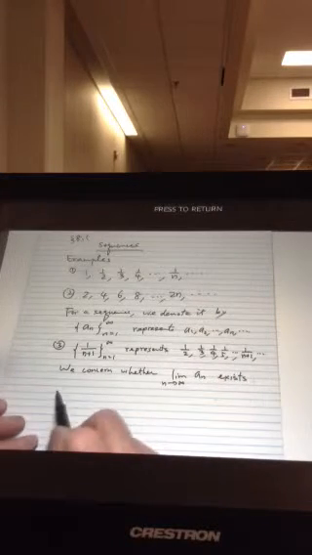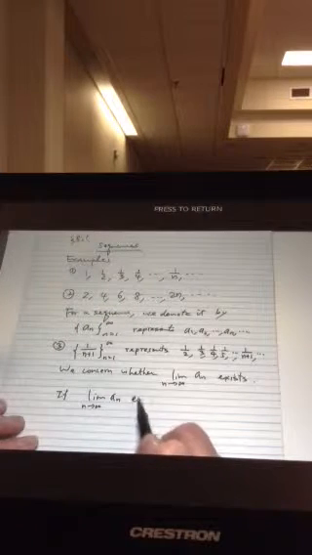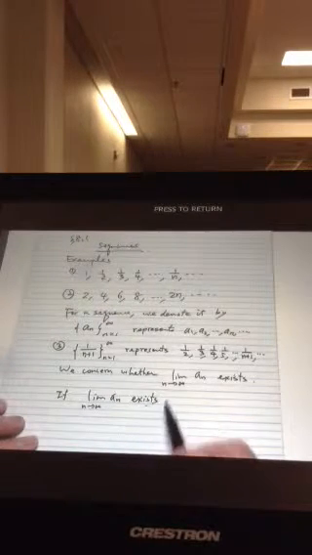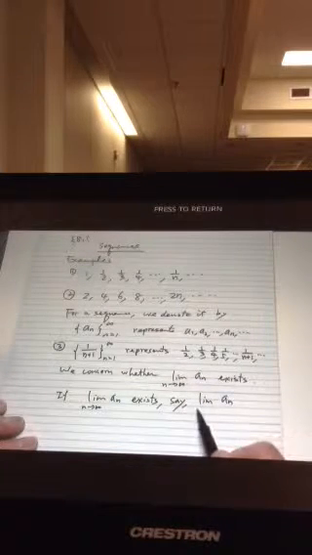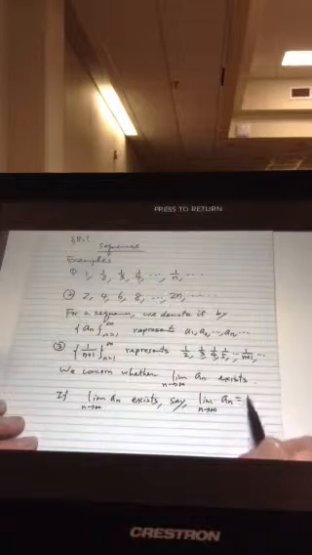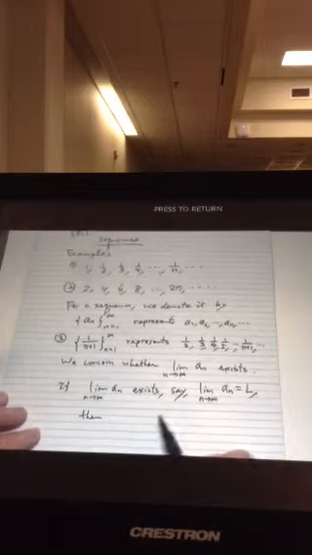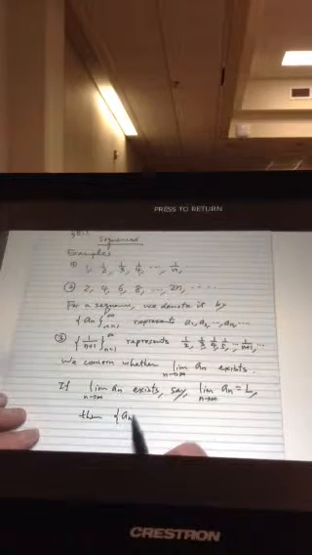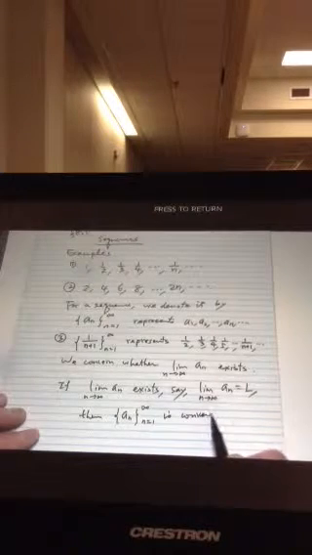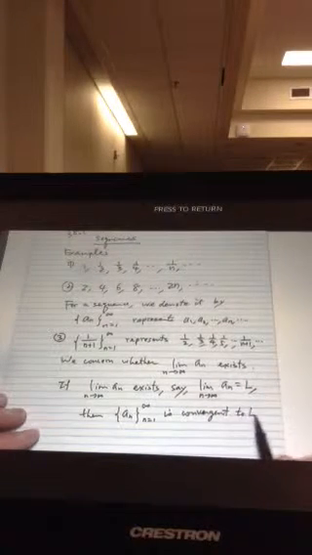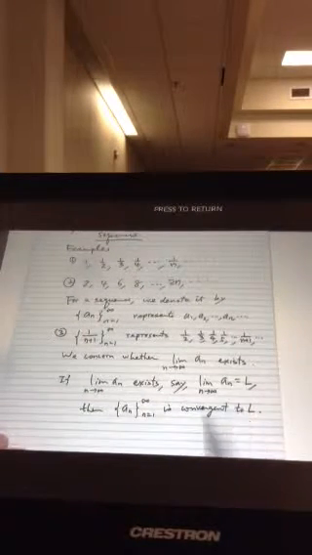If this limit exists, and say the limit of a_n as n approaches infinity is L, then we say that a_n is convergent to L. If the limit doesn't exist, then we call it divergent.